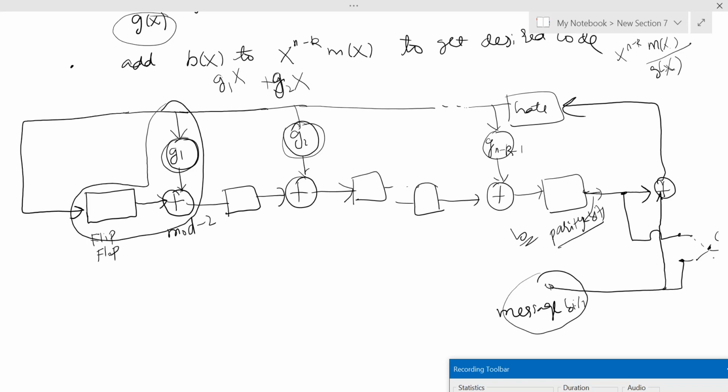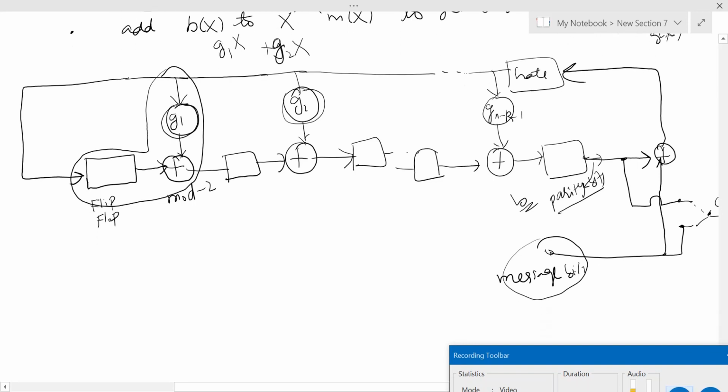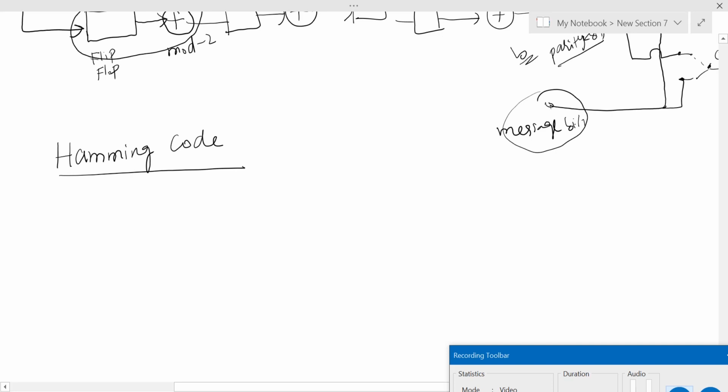Okay, so let's take one example so that it becomes clear. Now a lot of things will become clear here. So I will come back to cyclic codes. I will take here a 7-4 code, that is k is 4 and n is 7, right?